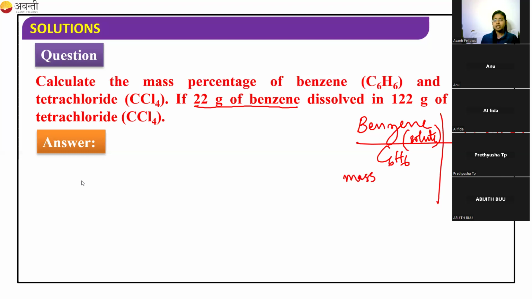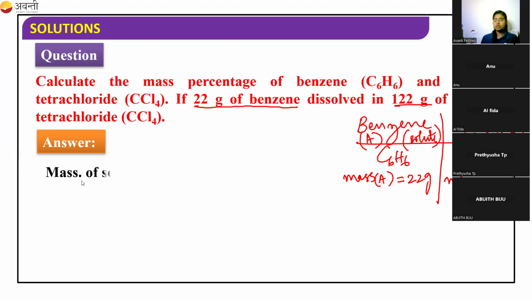Let me take benzene as component A and CCl4 as component B. So mass of A is equal to 22 gram and 122 is the mass of CCl4, so the mass of component B is equal to 122 gram. These are the given values and from this we have to find the mass percentage.